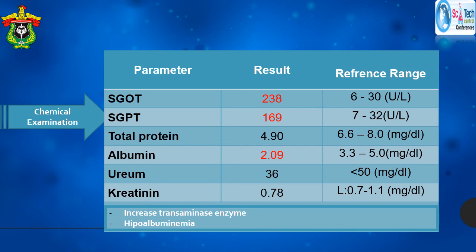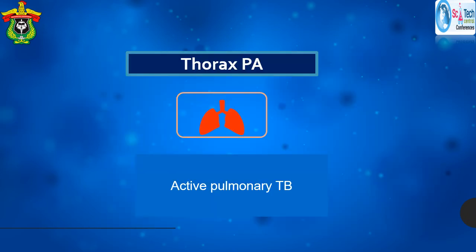In chemical examination, we found increased transaminase enzyme and hypoalbuminemia. On the thorax, we find active pulmonary TB.